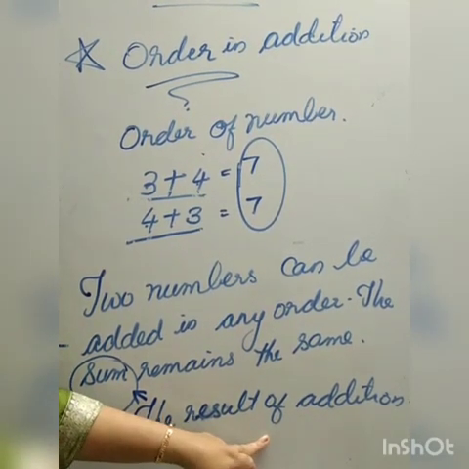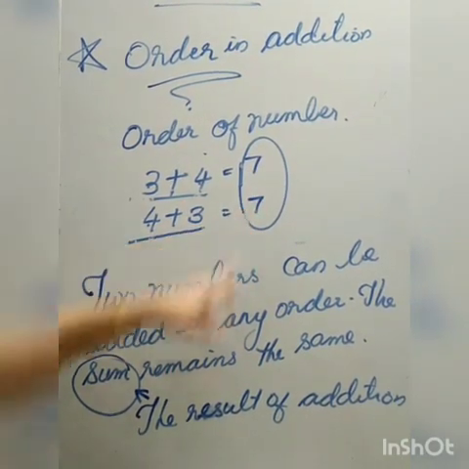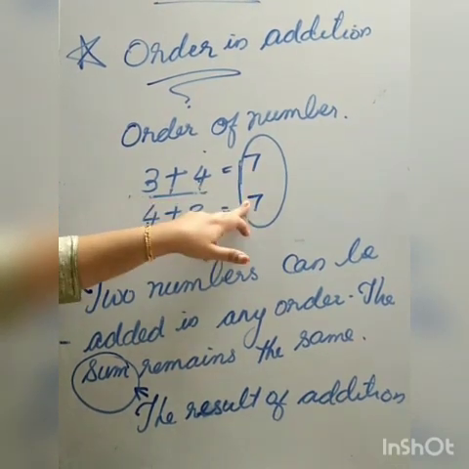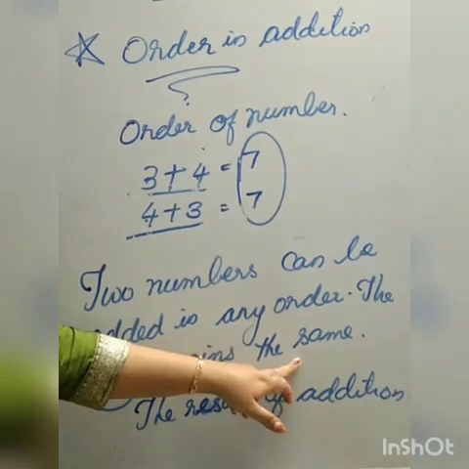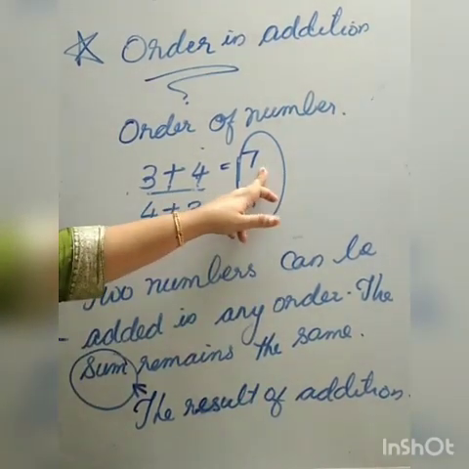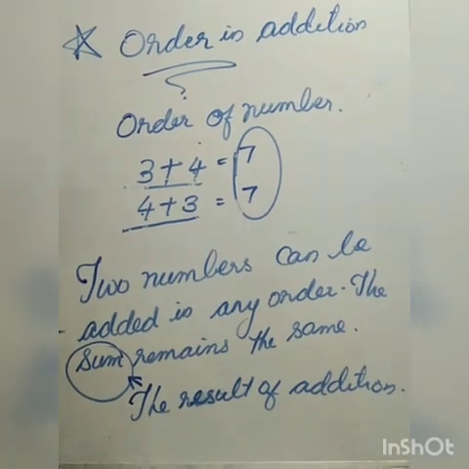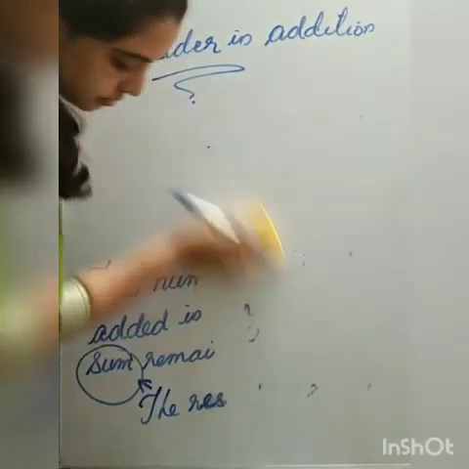What is the result of addition? What is the answer? Result means answer. What is the answer here? 7. The sum remains the same. The answer does not change. Understood? Shall I take more examples?